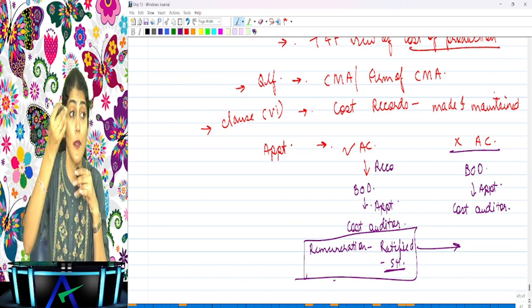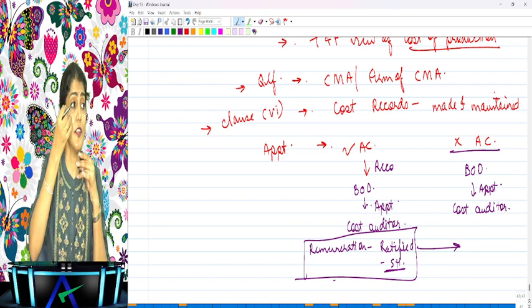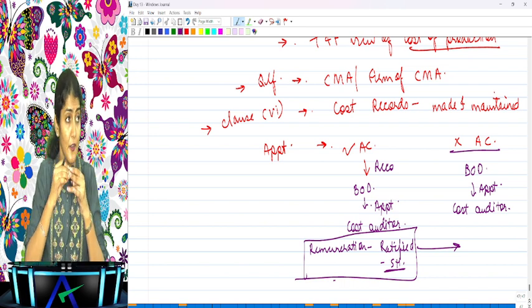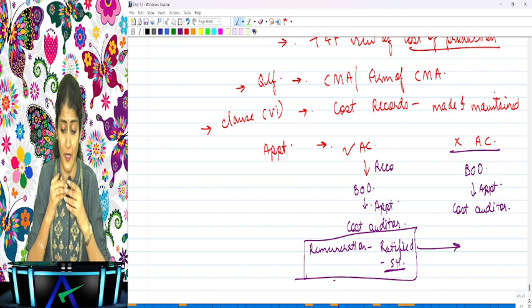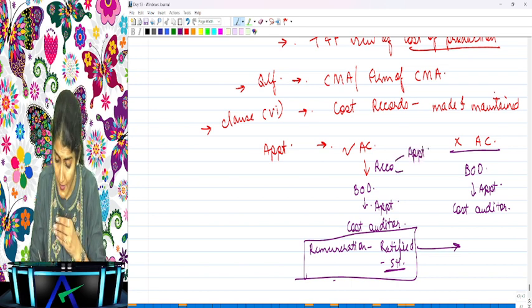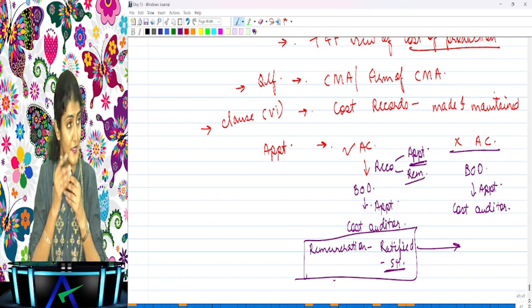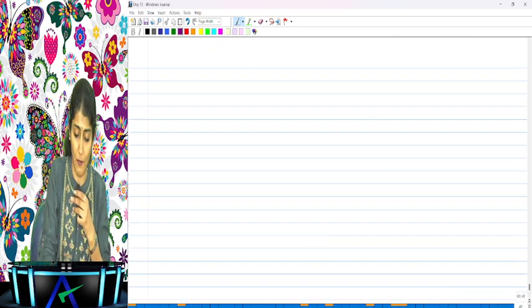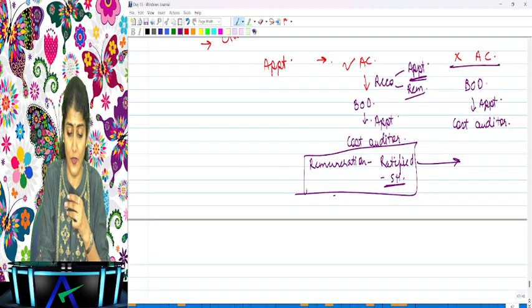No, only the remuneration being paid to the cost auditor is to be ratified by the shareholders. If the company has an audit committee, it recommends the appointment and remuneration; if not, then directly the board of directors. So this is regarding the appointment of the cost auditor.